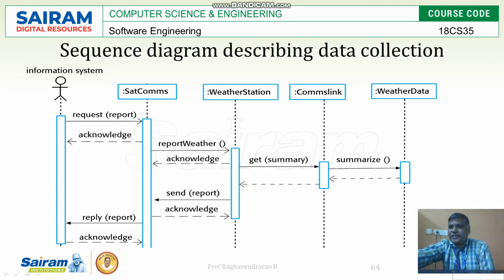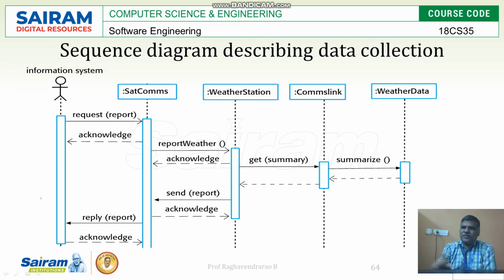Then once you get that communication link, through it you summarize that information in the weather data, and they give back the acknowledgements. Then the report is sent to the information system. The reply is reported.